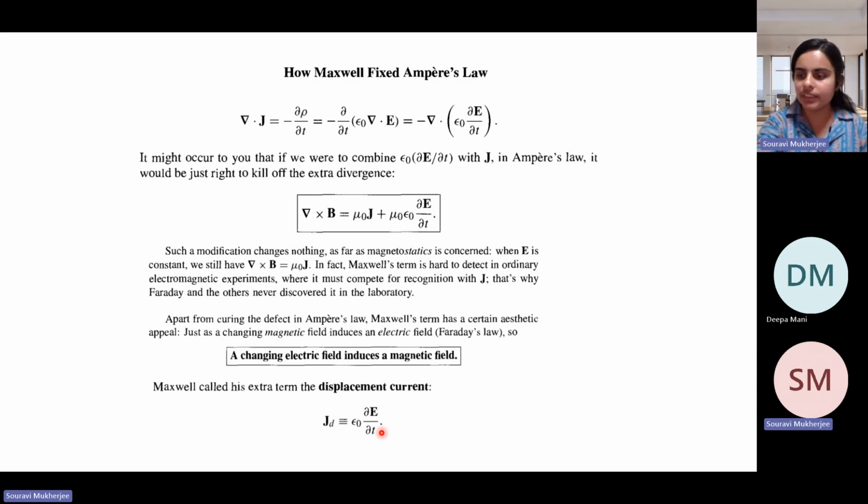Then you can find del V del T, and you know how V is related to E. It's just a dimension; E is equal to V by D, so there's a 1 by D factor coming in. From there, you can actually find the displacement current. This is just to see how whatever we had discussed till now comes up in these kinds of relations.